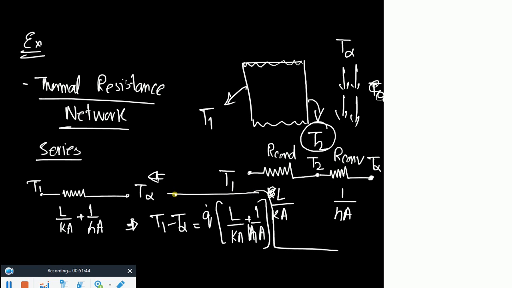For example, if I ask you to find the heat transfer rate in this system, and you only know T1 and T infinity, and you know the system properties L, K, A and h, do you need to define that T2? Not at all. It means you are skipping information on some boundaries by this approach. You can skip them, right?